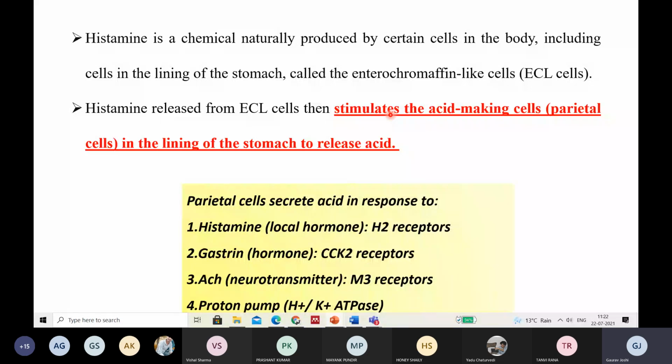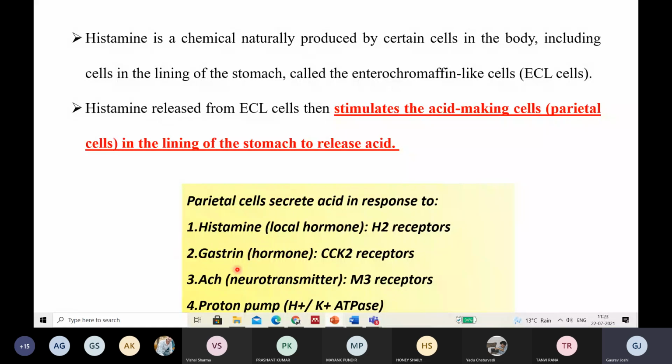Now there can be n number of situations when the acid can be released. As I told earlier, not only histamine is involved in the release of the acid, but there are some other hormones or neurotransmitters as well that actually release the acid in the stomach. So blocking the H2 receptor for controlling the acidity may not be the only target, right? You can control the acid release in the stomach by blocking all these four receptors. So basically the first is the histamine receptors, the H2 receptors, found in the stomach, on the ECL cells.